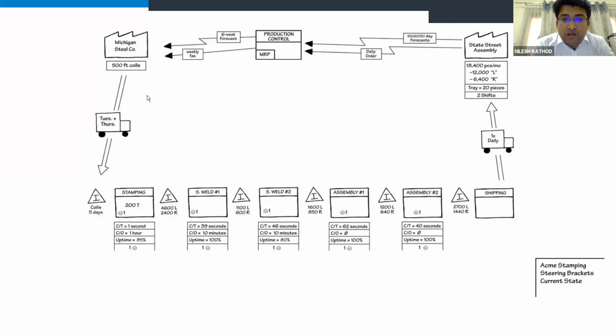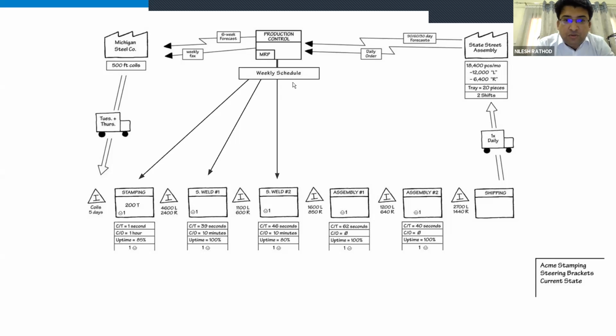Now our PPC department runs the material requirement planning, and based on that they understand how much material to procure from the vendor, and they send the weekly faxes. At the same time, looking at the availability of the material, they will have a weekly schedule, and they provide a schedule to each and every department.